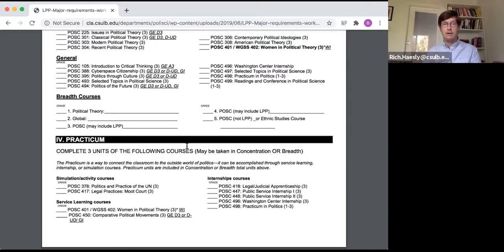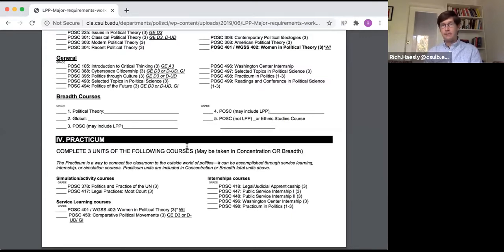If you want to take a look at that, investigate the website, and you can even use the academic requirements report or the My CSULB tool to look at a what-if report to see what if I had a poli-sci major but also a legal studies certificate. See that a number of the classes we have in political science will count towards a legal studies certificate, and so that's a possibility as well.